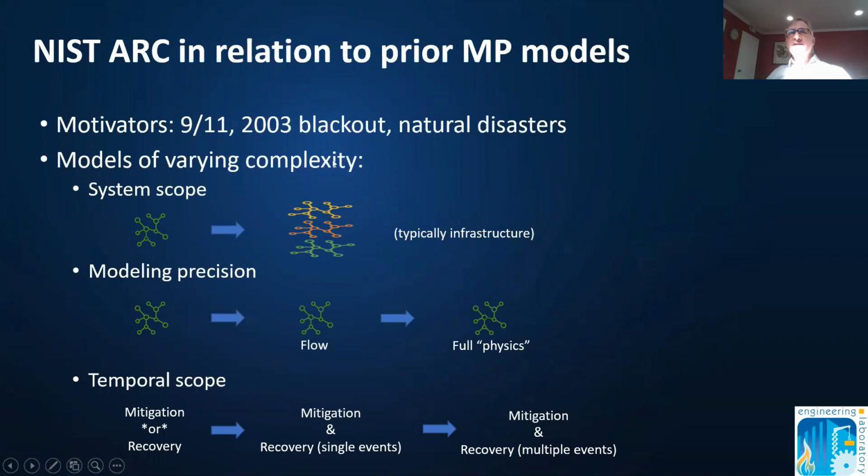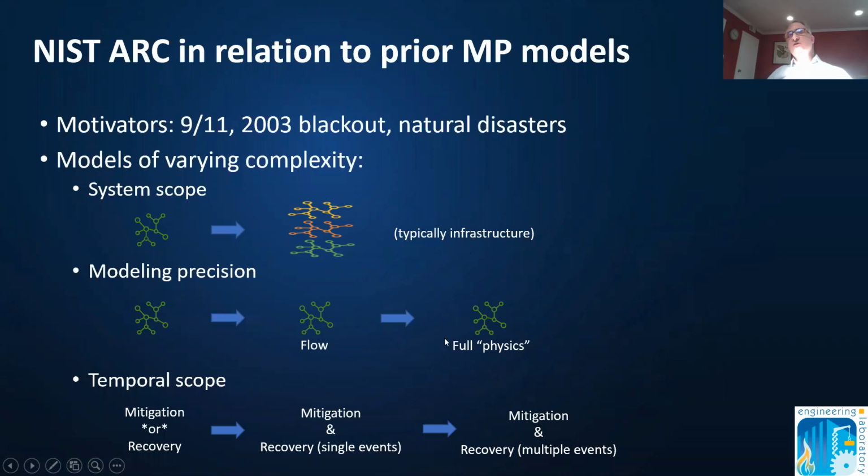But from what I can tell, yes, we have connectivity on the one hand in the system scope. And then you see a lot of work, including Elise Miller-Hooks and others, and Shima, on multiple infrastructure systems. And often they are infrastructure-only systems. Although even Shima, I remember you presenting work on social vulnerability, and so there are increased ties to social systems, but often what you see are infrastructure systems.